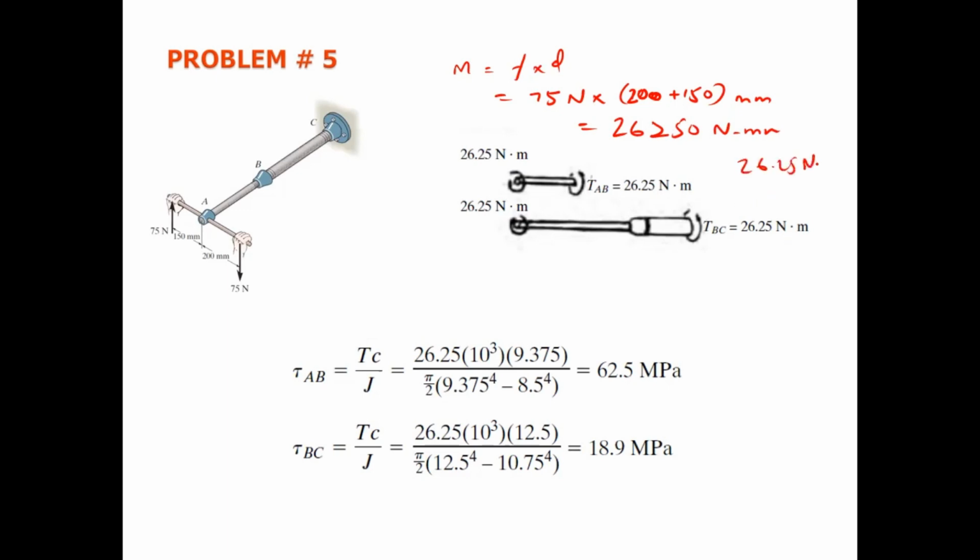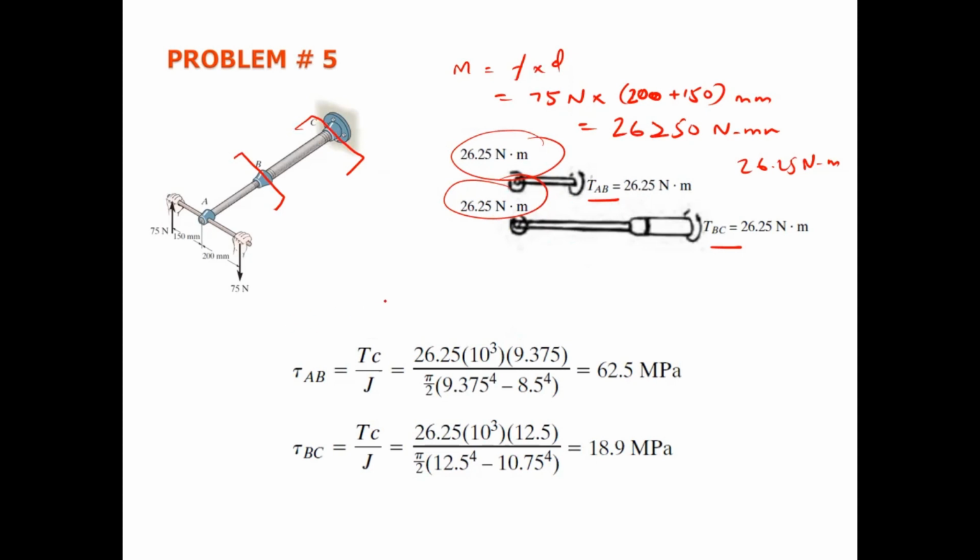So torque at AB and torque at BC will remain the same because we have only one torque. Suppose we cut the section here, torque AB will be 26.25, and when we cut the section here, torque BC will be 26.25 as well.